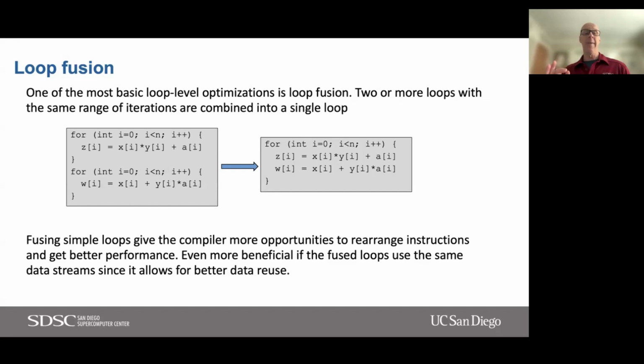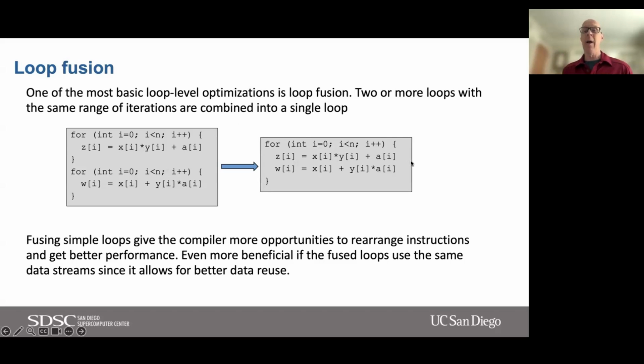So when you fuse simple loops, this gives the compiler more opportunities to rearrange instructions and get better performance. And also, if those two loops are operating on the same data streams, the same arrays, it gives us better data reuse.